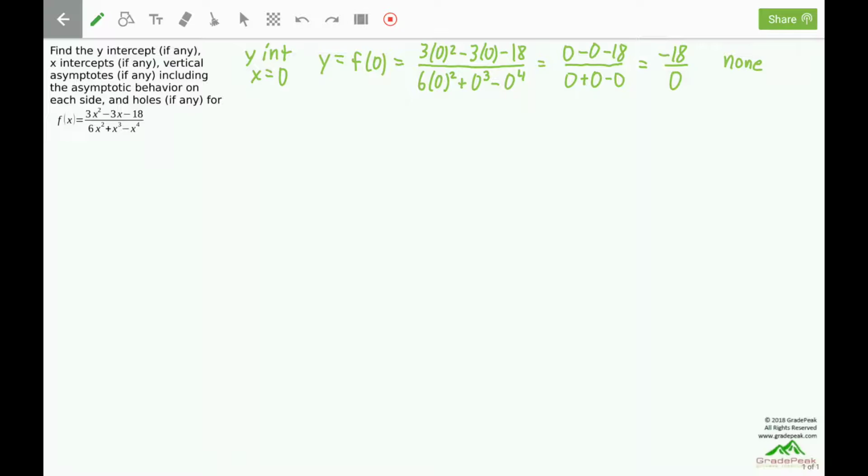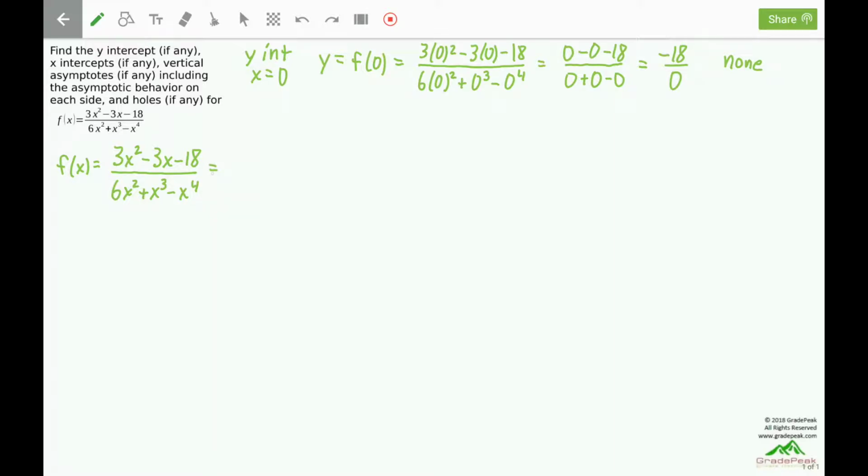The remaining parts are found by taking the function f of x, which is 3x squared minus 3x minus 18 divided by 6x squared plus x cubed minus x to the fourth, and fully factoring the numerator and denominator.